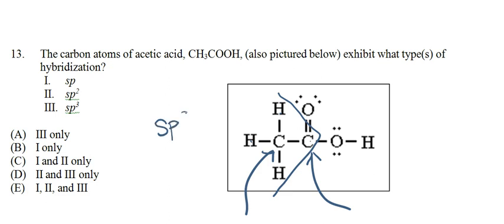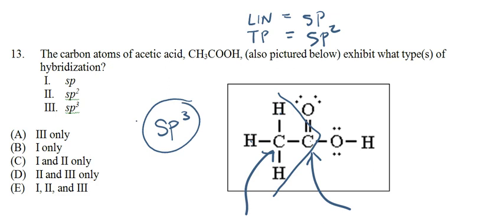It is sp3. Okay, if I were looking at a linear shape, which I don't have a linear shape anywhere on here, linear is sp. Trigonal planar is sp2. Tetrahedral is right here. If we had a trigonal bipyramidal shape, which we don't anywhere on here, it's dsp3. And if we have an octahedral shape, then it's d2sp3.